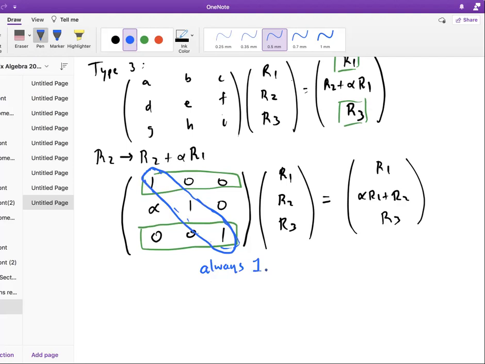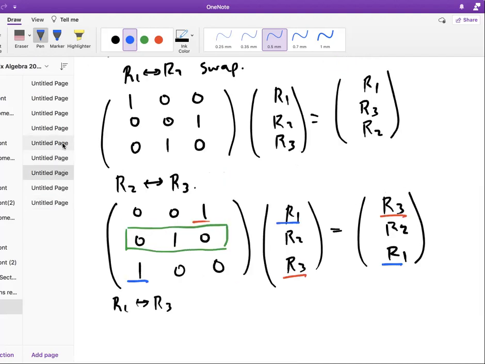What operation would that imply? That's one we did earlier, the type 1. You can only have a 0, 0, 1 if you're swapping. So that's another indicator of what type you're looking at.